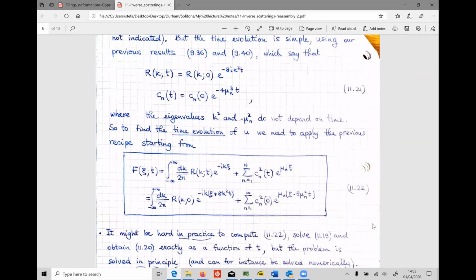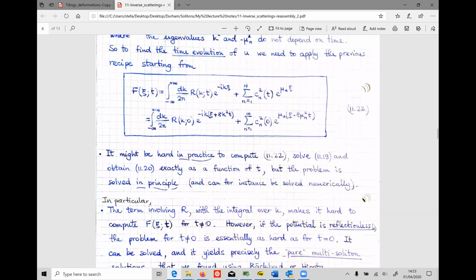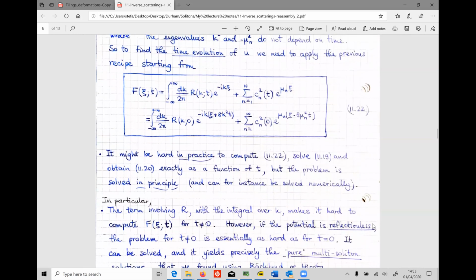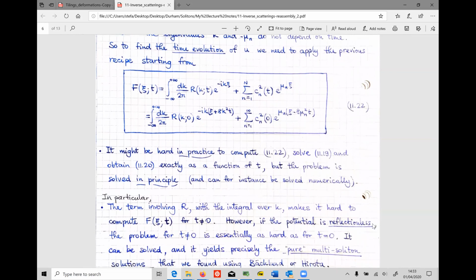So later on in the notes, in a part which we won't have time to cover, I precisely do that exercise, so you can read on if you're interested. When you do that, essentially what you find is that the solution of the KdV equation only involves solitons, and there are precisely capital N solitons.